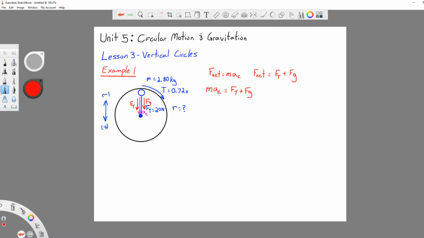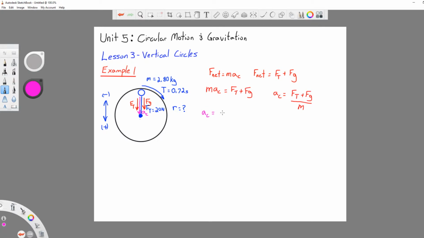And realistically, if we want to get to one of our AC formulas, we're going to rearrange for AC. So finally here we can say AC is equal to force tension plus force of gravity, all divided by mass. All right, so that's fairly set up. I think we can see that once we have AC worked out here, we're probably going to work towards this 4 pi squared r over t squared formula. So anyways, let's solve for AC first.